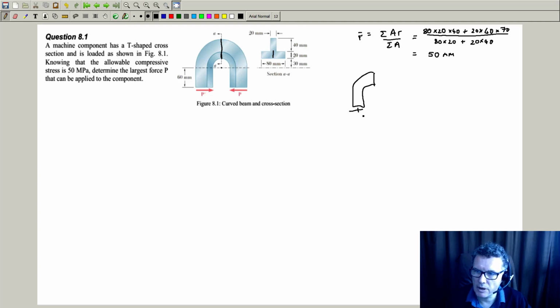So this is my applied force, P dash, and then it's going to expose an internal force, P, going in the opposite direction. And because these forces aren't aligned, that's going to create a turning moment, and we'll call that M. Okay, what next?